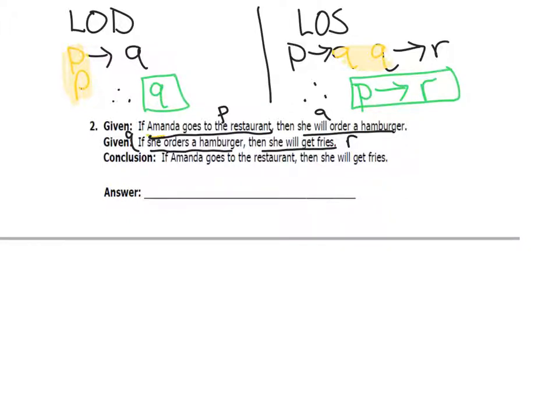Amanda goes to the restaurant, that's P. She will get fries, that's R. What we want to do is look at our statement, P to Q, Q to R, therefore P to R. Here I have a P, Q, Q, R, P to R. So this follows the law of syllogism.